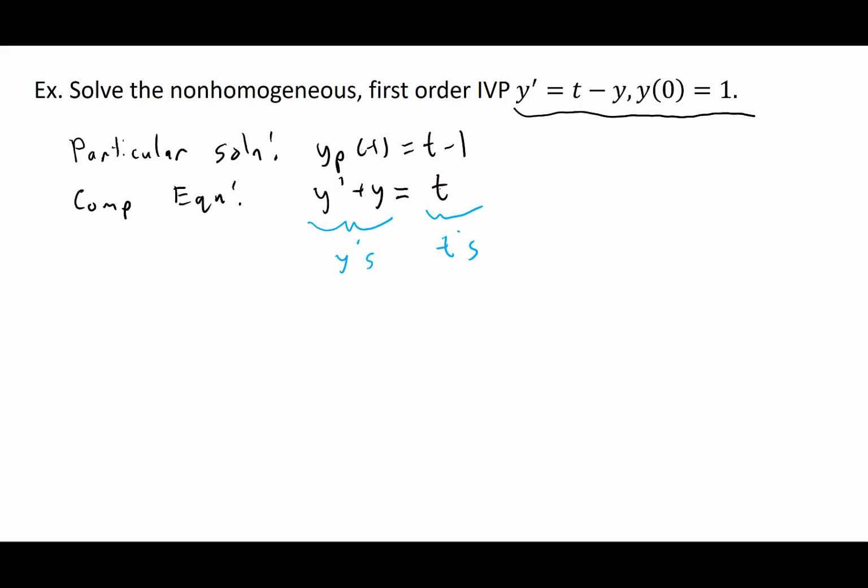If we do so, then whatever is on this side of the equation is our g. And to convert to a complementary equation, we would get rid of the forcing and rewrite the equation using only what's left on the left-hand side. Now, this equation is extremely simple. In fact, it's one of the ones we solved on the first day of class.